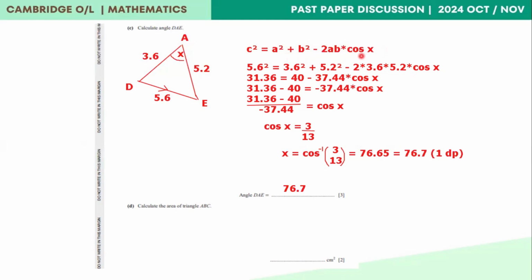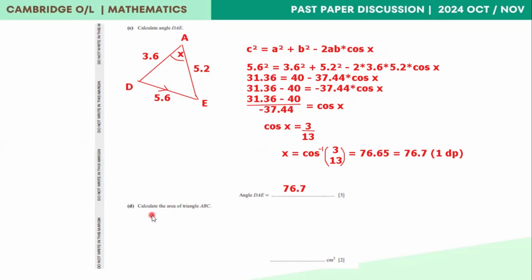When we write the cos rule, c squared is the length in front of the angle we are looking for, and a squared and b squared are the lengths along the angle. As we solve it, we come to cos x equal to 3/13. That's the exact fraction, so we take cos inverse of that and we get 76.7.